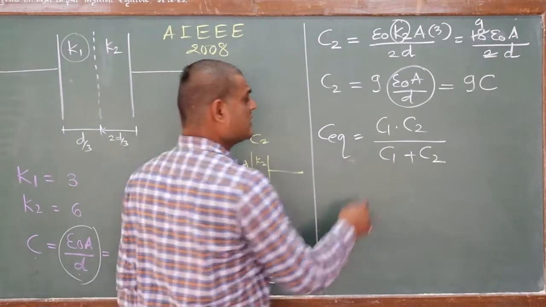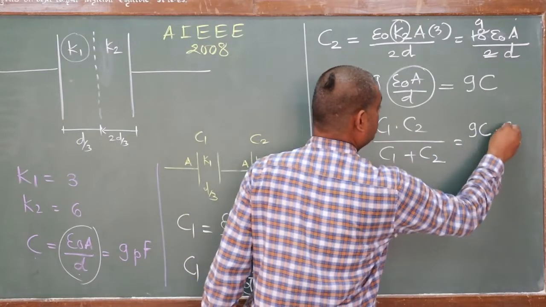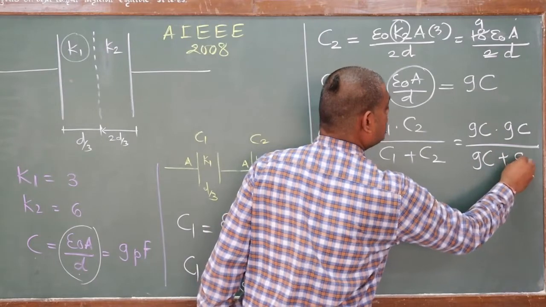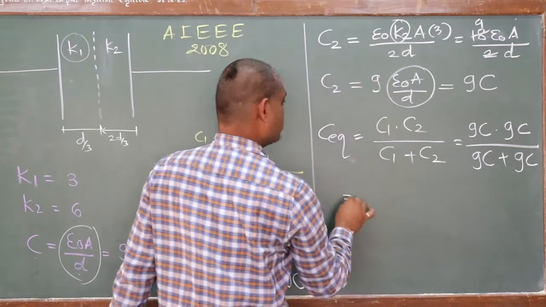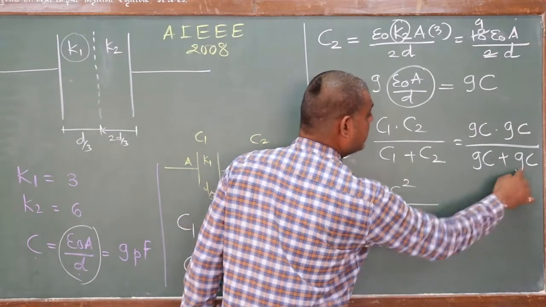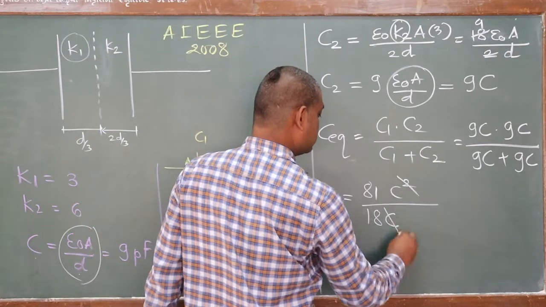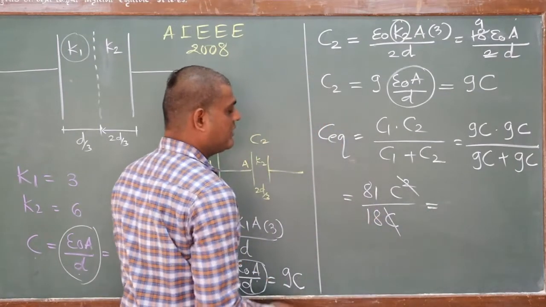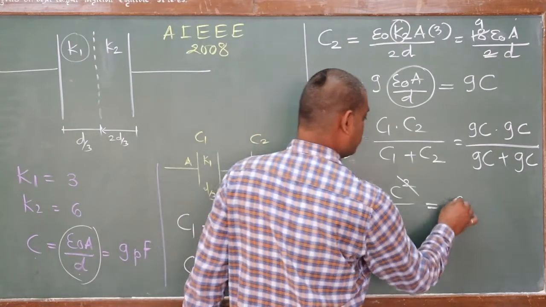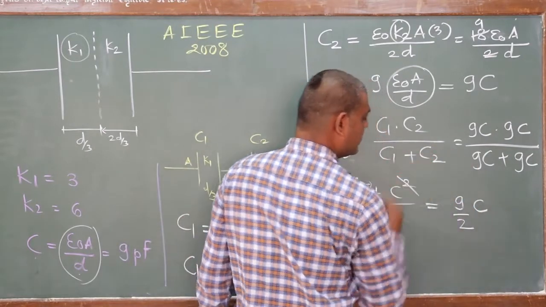Putting all the values, C1 equal to 9C, C2 is also 9C, so 9C plus 9C. 9 9s are 81 C square divided by 9 plus 9, 18C. This C gets cancelled. 81 by 18 becomes 9 by 2, and C is remaining.